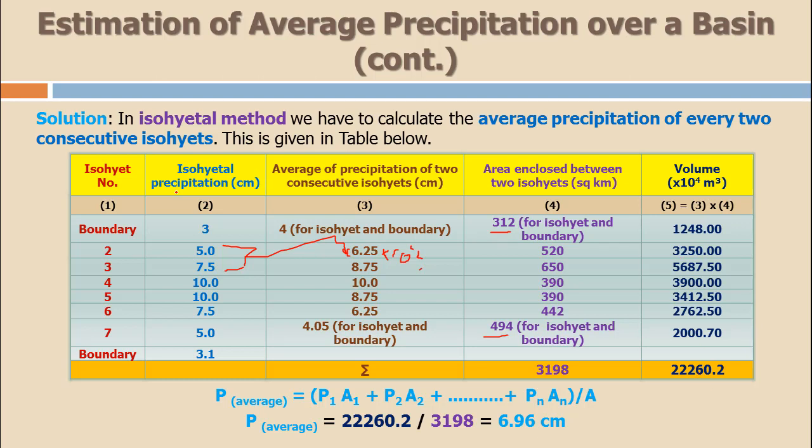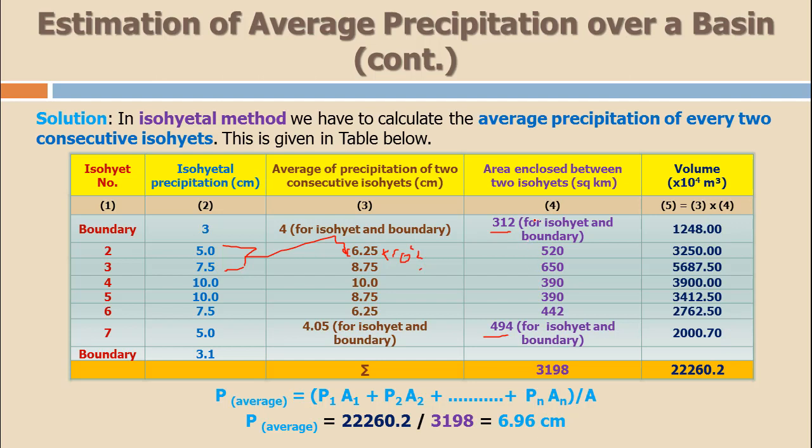So these formulas are very simple. This is column 1, column 2, column 3, column 4, and column 5 is just equal to column 3 multiplied by column 4. So this column is multiplied by this column, you will get this value, but 10 raised to the power 4 cubic meter is common.